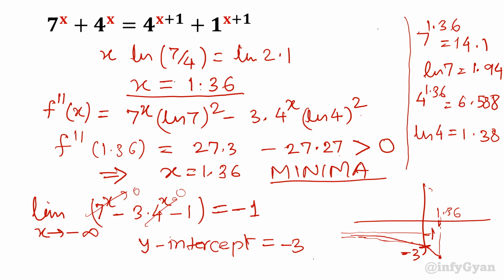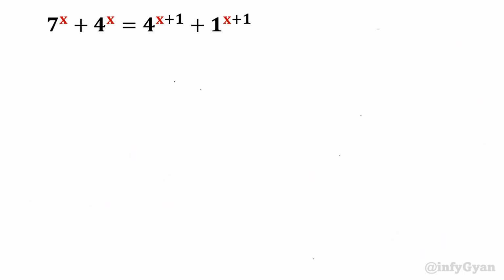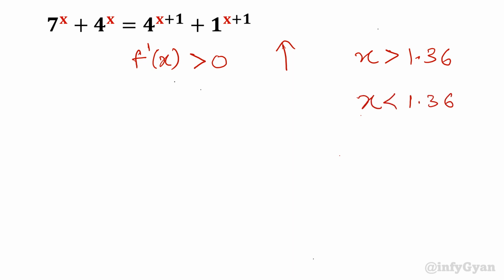Okay. Now we can conclude two statements. Because the limit at minus infinity is negative 1, I can conclude the function is monotonic increasing, strictly increasing, when x is greater than 1.36. When x is less than 1.36, you can check in the f dash x expression, that value is negative, a decreasing function.